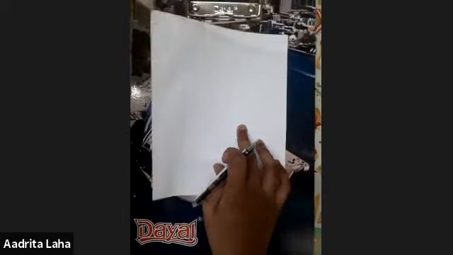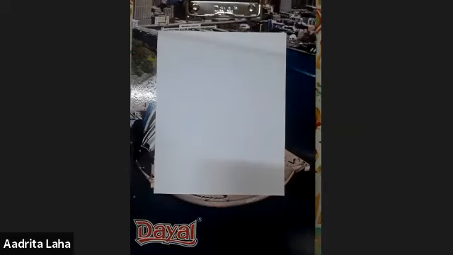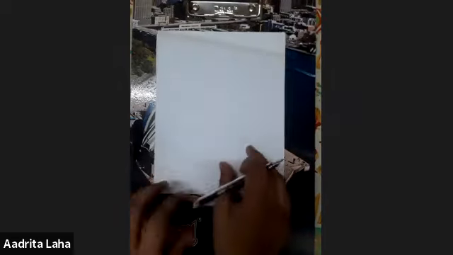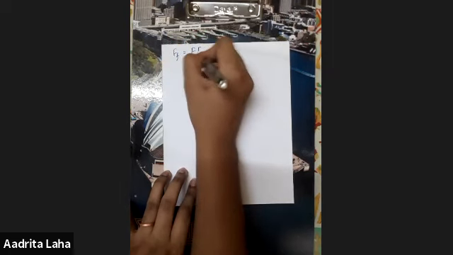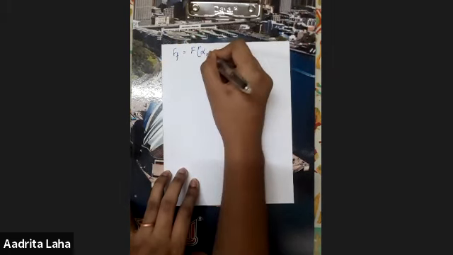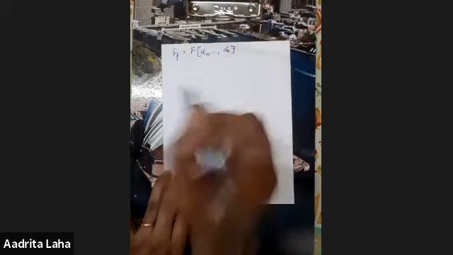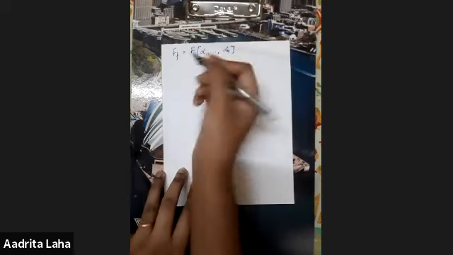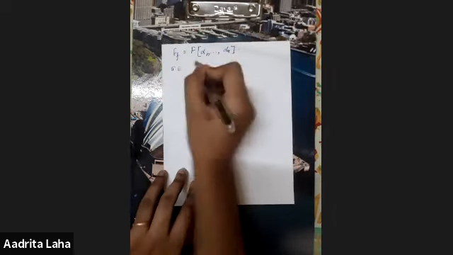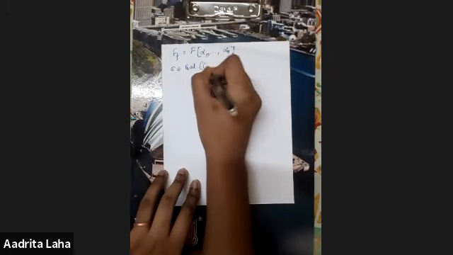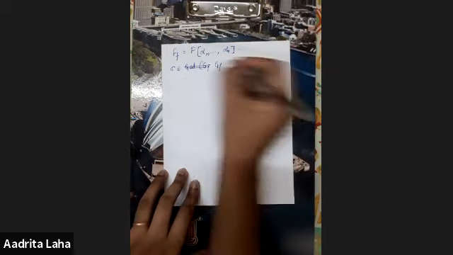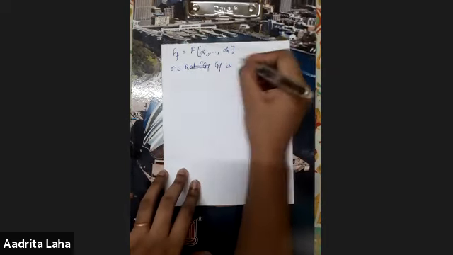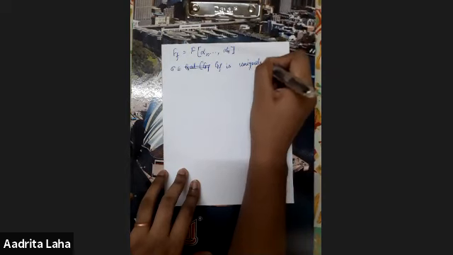Next, we note that E_f is actually generated by F adjoining these roots alpha 1 up to alpha n. And we take sigma, which is in the Galois group G_f, and sigma is uniquely determined.